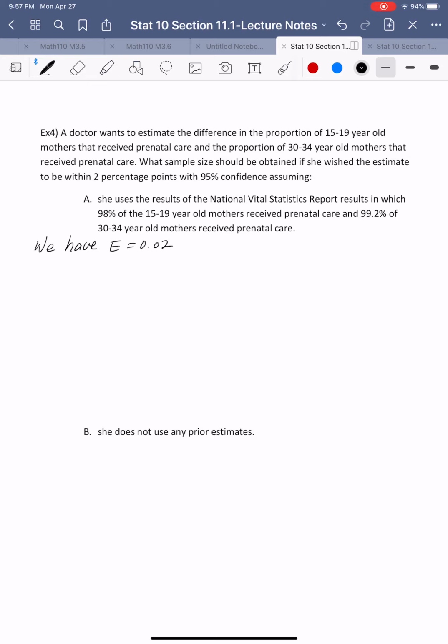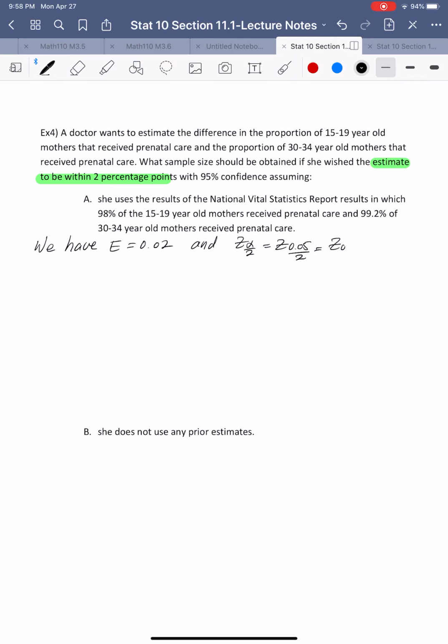as the problem says, the estimate within 2 percentage points, okay? And also z sub alpha over 2 we need. So alpha is 1 minus 0.95, which is going to be 0.05, but divided by 2.